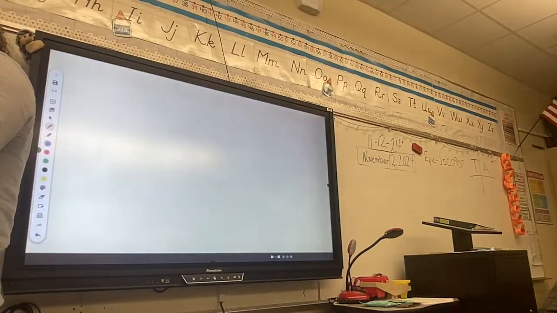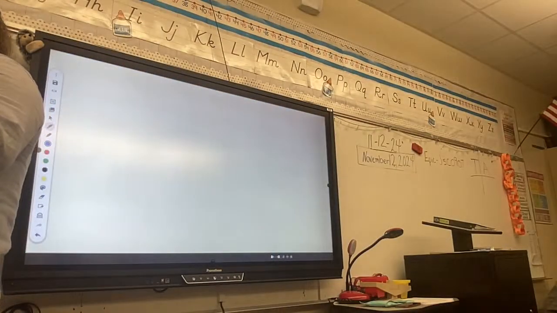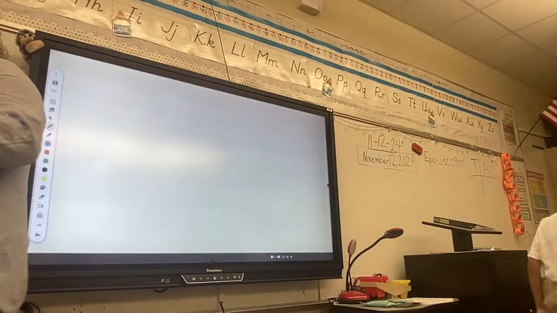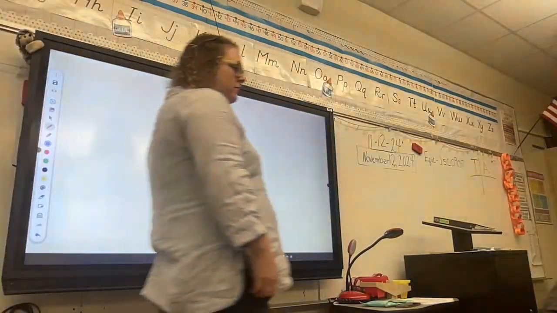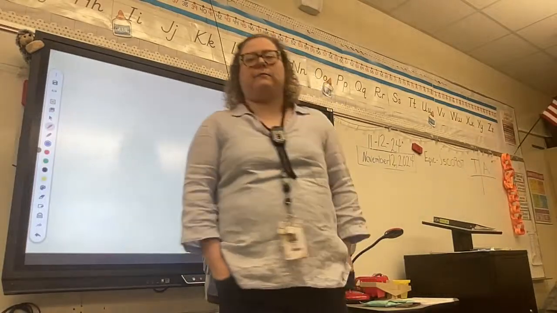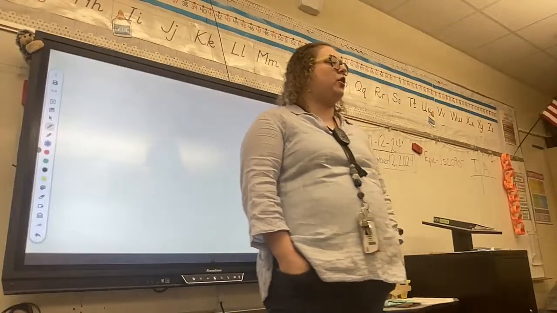Get a pencil and go. It shouldn't take you that long to get a pencil. It is 2024. It's 11, 12, and 24. I'm waiting for everyone's name to be on the paper.